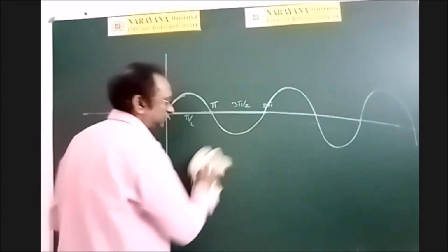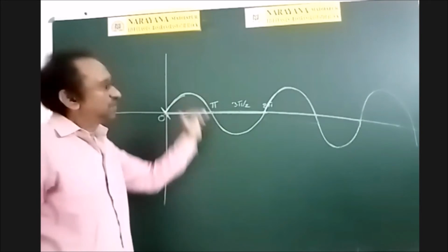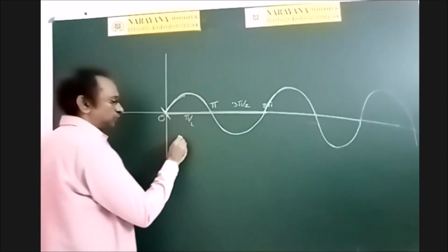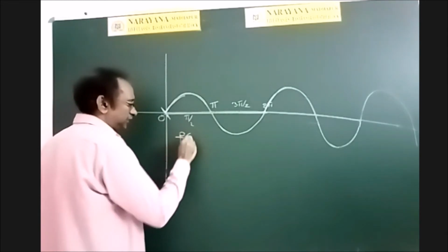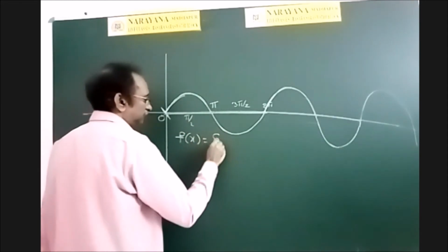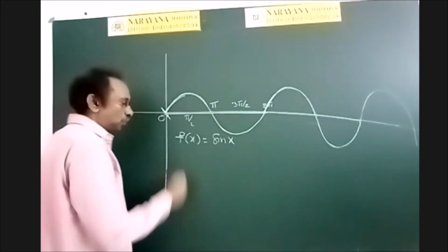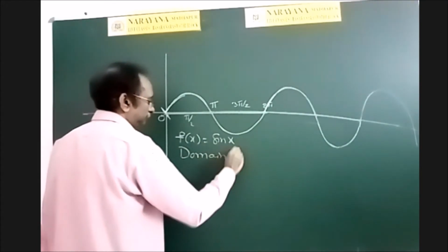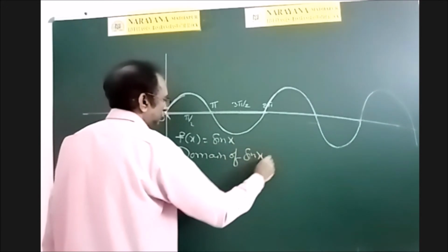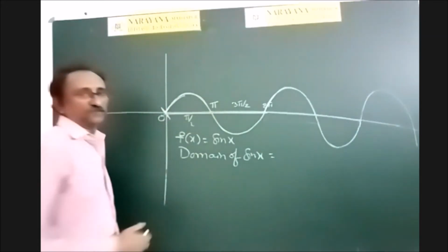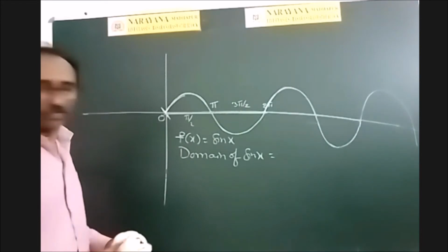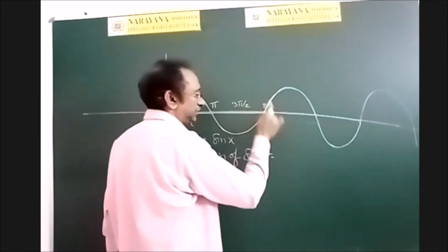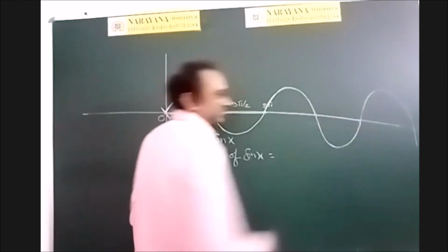So first we write the points of sin x. After that we will write the definition of a periodic function. So what are the points we have to write here? f(x) is equal to sin x. Here the function is sin x. What is the domain of sin x? What is meant by domain? Domain means the set of all x we are giving to the function, that is, input values. So what are the inputs we are giving? 0, 90, 270 degrees or 1, 2, 3, 4, 5, 6, and so on.